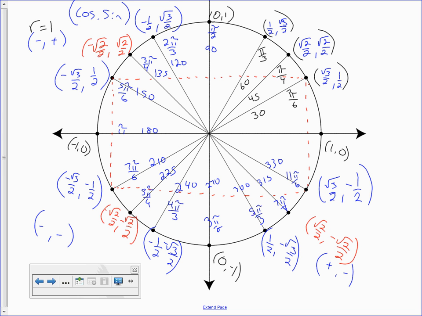Okay? One real easy way to remember this: if you look at these ordered pairs, look at the x-coordinates: 3, 2, 1. Y-coordinates: 1, 2, 3. And they're all over 2. Everybody see that? 3, 2, 1. 1, 2, 3.